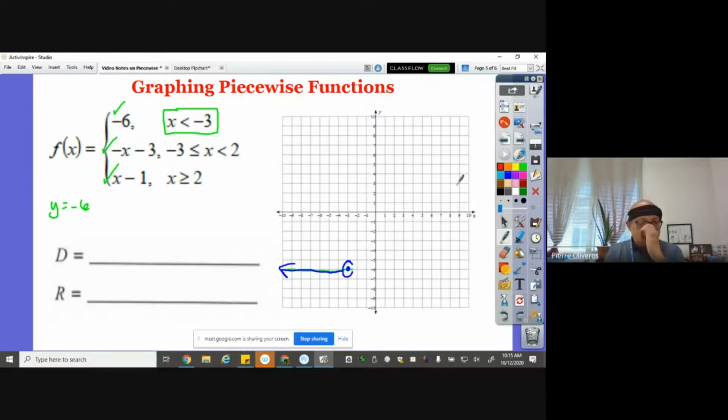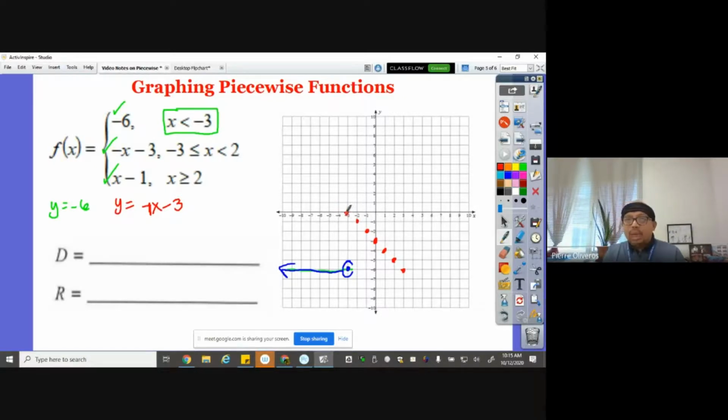Okay, the next one will be negative x minus 3. That is a line, y equals negative x minus 3. So negative 3 is right here. Negative x means the slope there is negative 1. So down 1, right 1, down 1, right 1, down 1, right 1. Or you can go up 1, left 1, up 1, left 1, up 1, left 1.